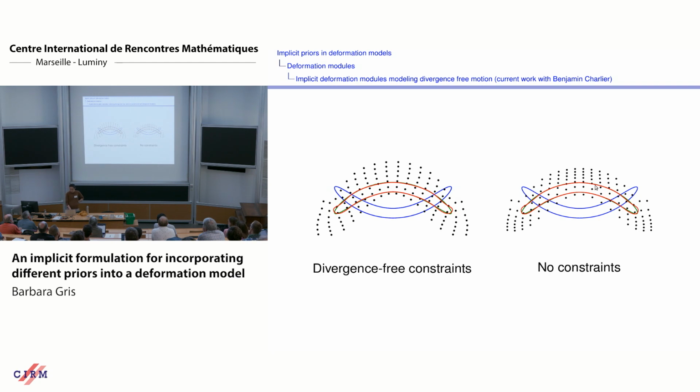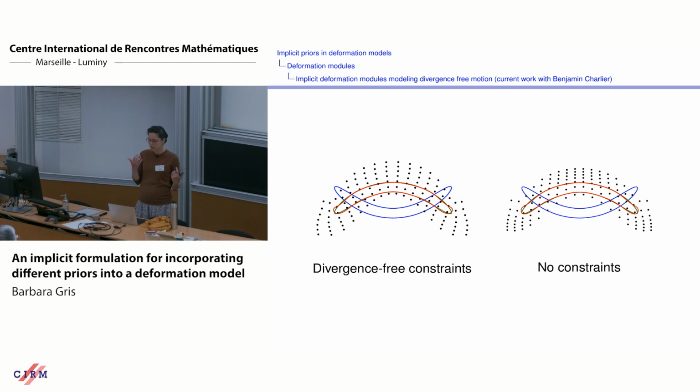Without constraint, we can see that the motion is mainly vertical, while with divergence-free constraint, you have an opening at the top in order to preserve the volume. We computed the histogram of the infinitesimal areas between consecutive points. So we computed the ratio between these areas before and after the deformation.